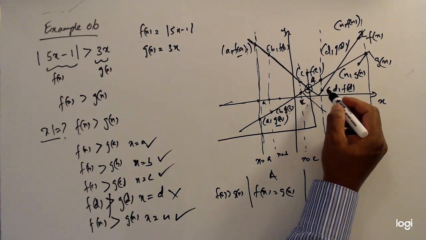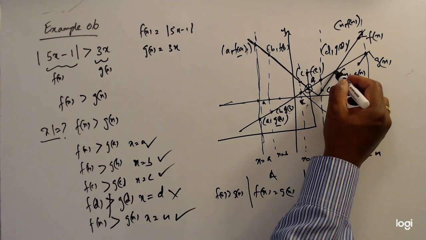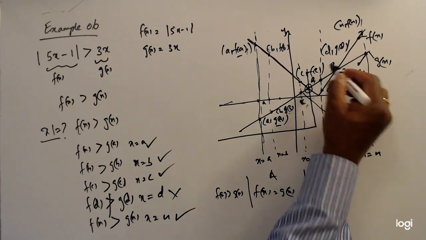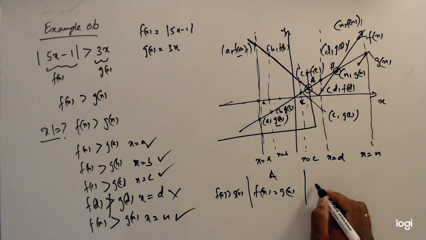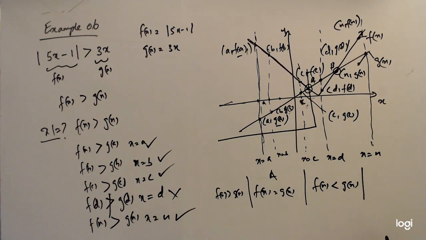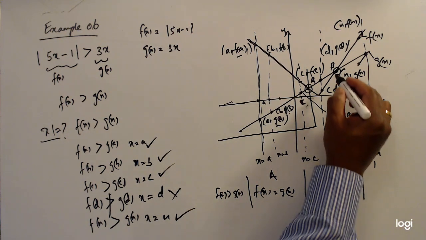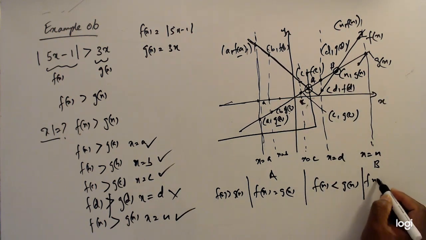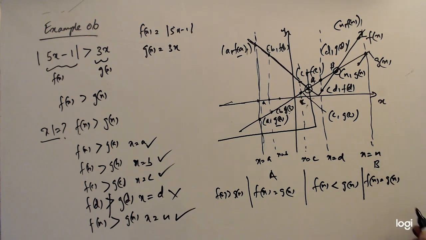Then from a to this point b, fx less than gx. Then at point b again, fx equal gx.